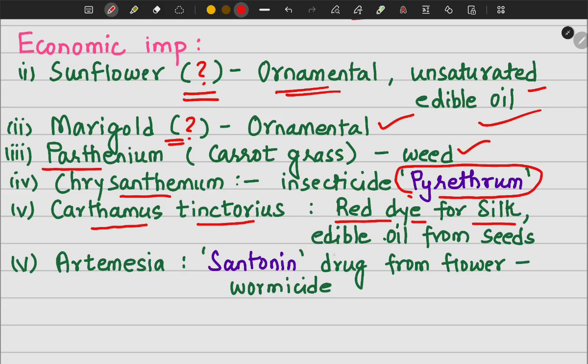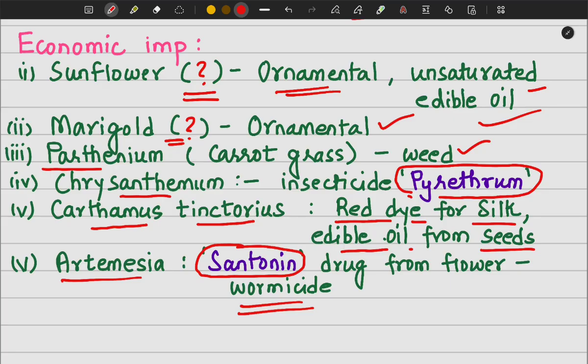Besides that, we also isolate edible oil from the seeds of Carthamus tinctorius. Alright, then the last example is Artemisia, from whose flower a drug called santonin is isolated, and this drug is actually a vermicide which is used to kill worms which are present inside the body.